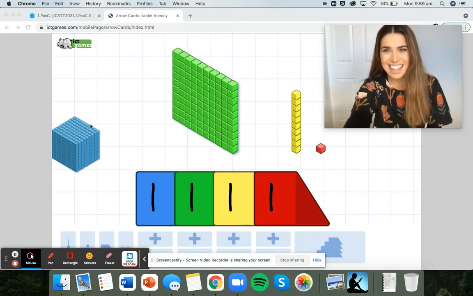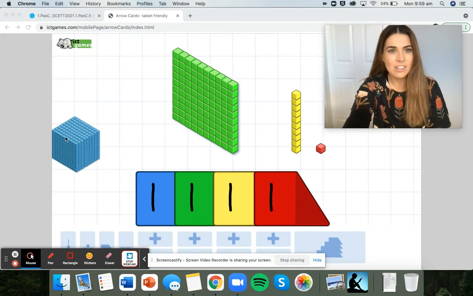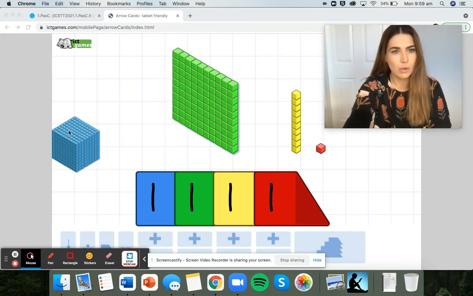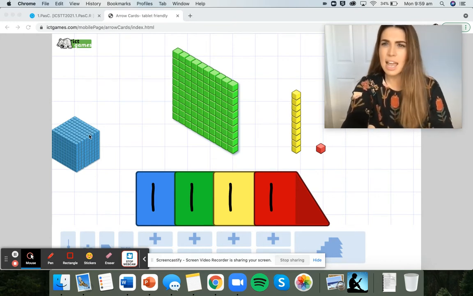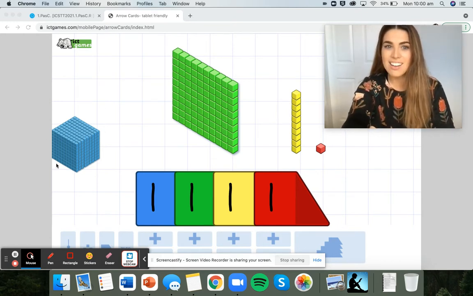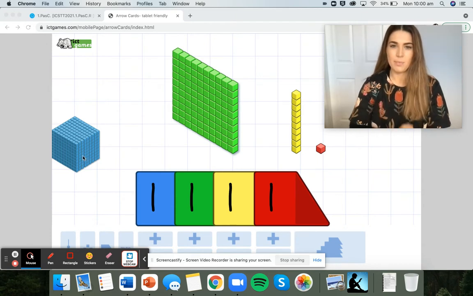Let's skip count together. 100, 200, 300, 400, 500, 600, 700, 800, 900, and what comes next? 1,000. There are 1,000 little cubes in this block, so we call him a thousands block.